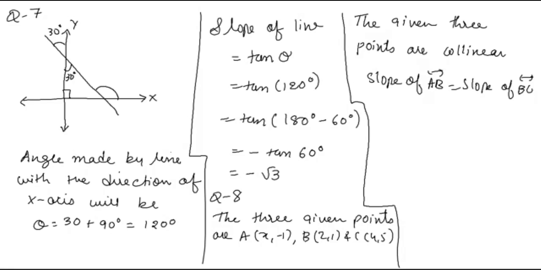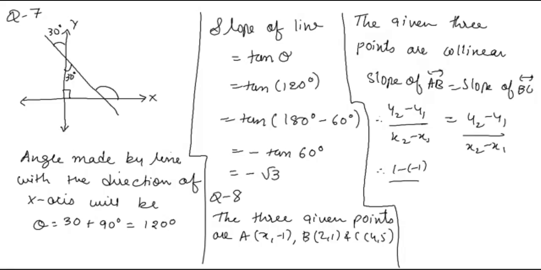So slope of AB will be y2 minus y1 upon x2 minus x1, whereas here also it will be y2 minus y1 upon x2 minus x1. Just coordinate will get changed. For AB, this will be x1 y1 and x2 y2. So 1 minus minus 1 upon 2 minus x is equal to 5 minus 1 upon 4 minus 2.